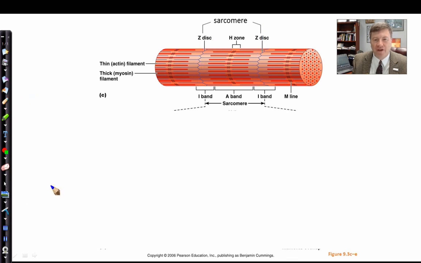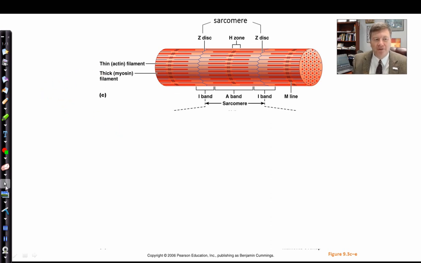Again, we have the I band, that is the light region, because we only have one kind of filament in here. Where we have multiple kinds of filaments, this is the A band or the dark band, and then we have again over here the Z disc for that division between the sarcomeres. You don't have to worry about the H zone unless you want to. It's just the very center of the sarcomere, but we'll make sense of that in just a second.